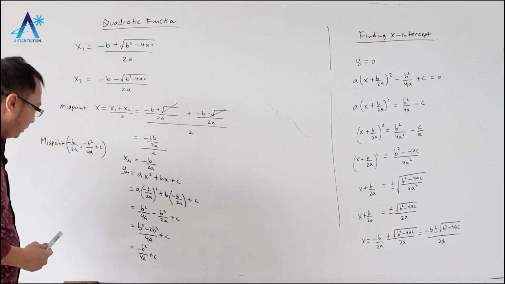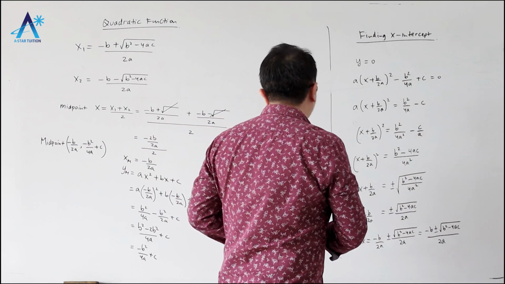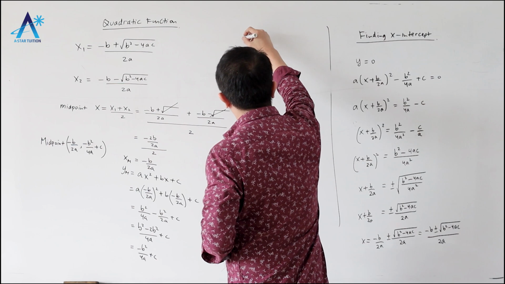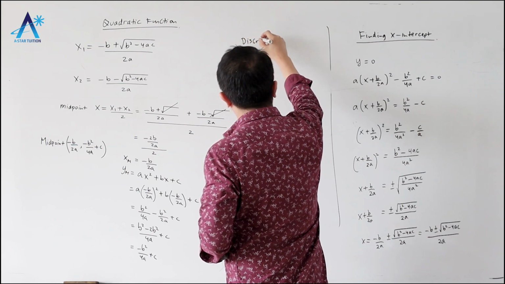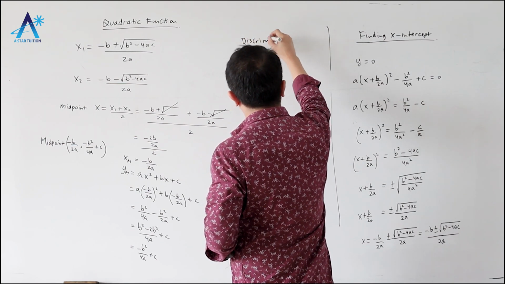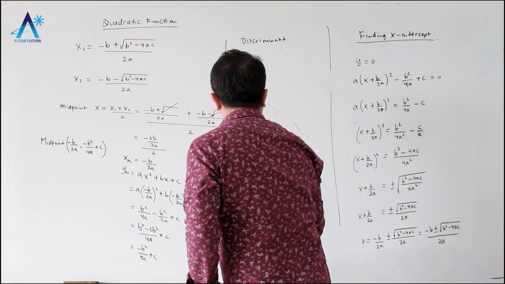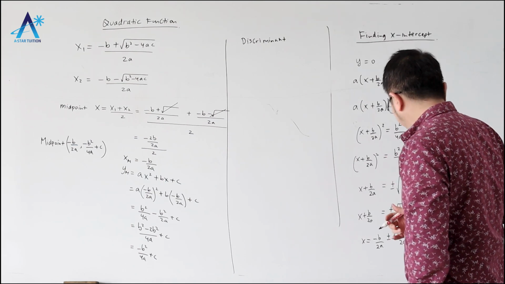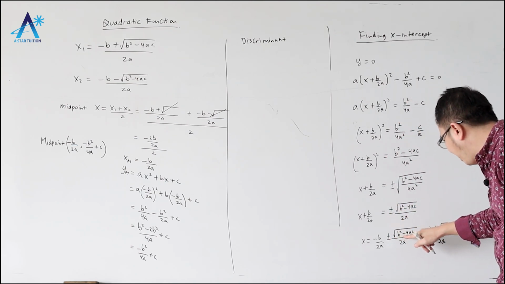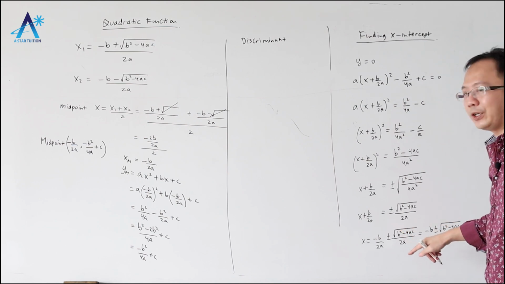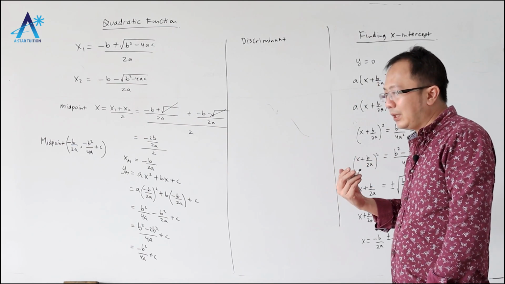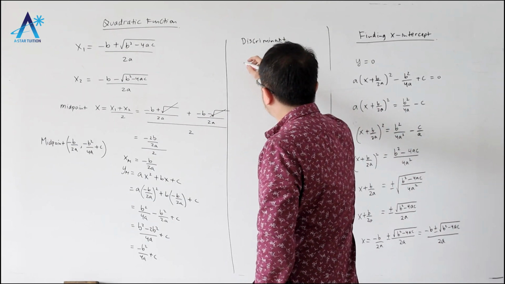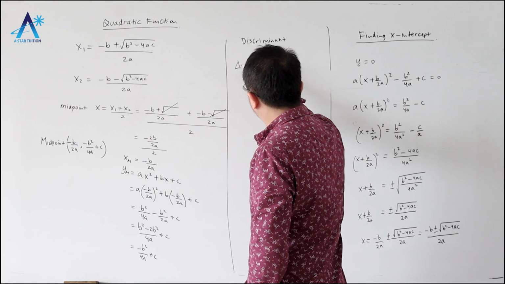Moving on. I also would like to introduce the concept of the discriminant. Okay, discriminant. What is the discriminant? Basically, this b squared minus 4ac inside the square root, due to its repeated use, is defined as the term discriminant.